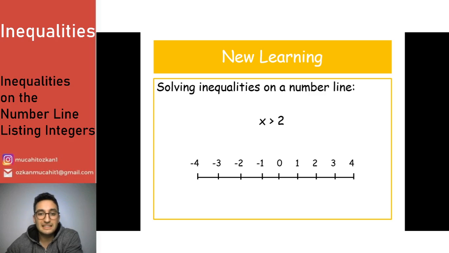So 2 is not included because we don't have a greater than or equal to sign. What I'm going to do is draw a circle on top of 2 and not shade it. It means that x cannot be 2 if the circle is empty, and any other numbers bigger than 2.